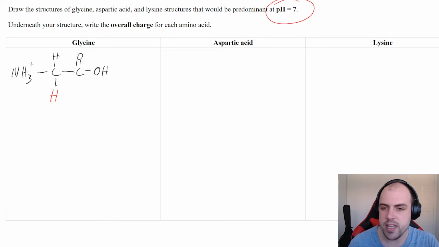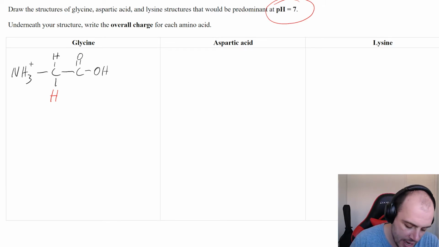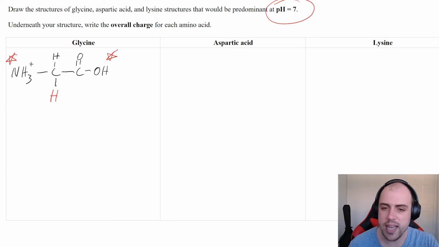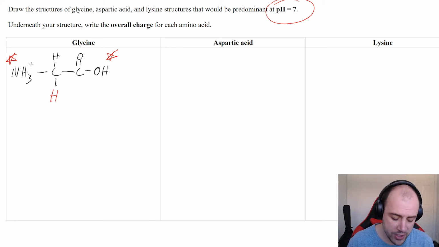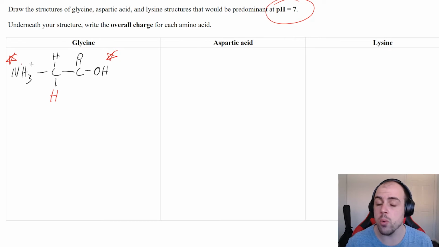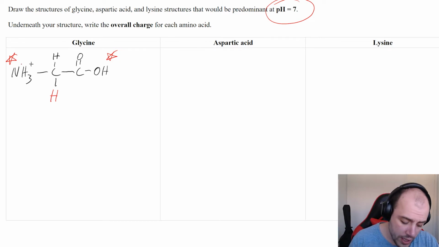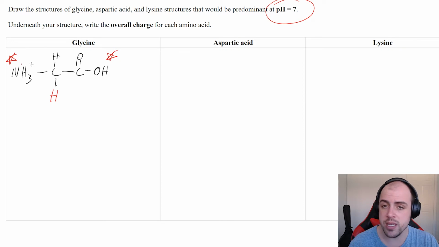So at a pH of 7, what we would see is that our quaternary ammonium group and our carboxylic acid group can change in terms of their ionization. So whether they have a hydrogen attached to them or not, and a subsequent charge. So looking at a pH of 7, if we are looking at our quaternary ammonium group, this is quite alkaline, so we are not going to see this become deprotonated.